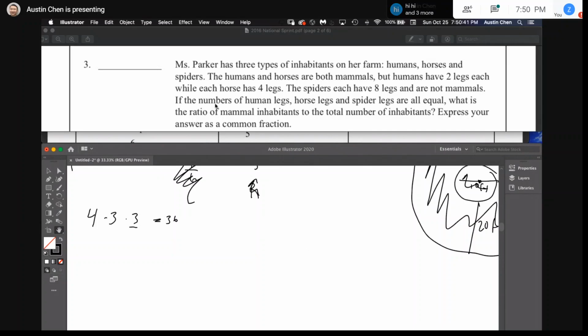Alright, so we can just assume the number of legs that are equal is 8, the least common multiple of all of these. So then we have 4 humans, 2 horses, and 1 spider. And we want to find the ratio of mammals to the total number of inhabitants. So that would just be 6 over 7. So 6/7.